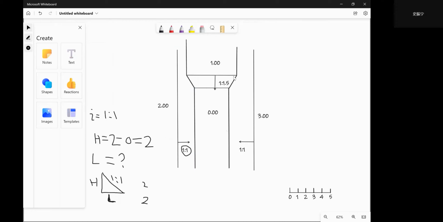Please remember, it must appear in the final exam, and the figure and the numbers will not be the same. So you have to know how to draw, and in the final exam the slope and the elevation are different from your homework. So you have to make sure that you can control how to draw this kind of thing.